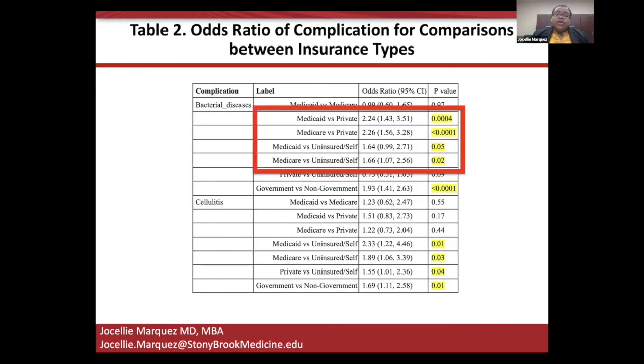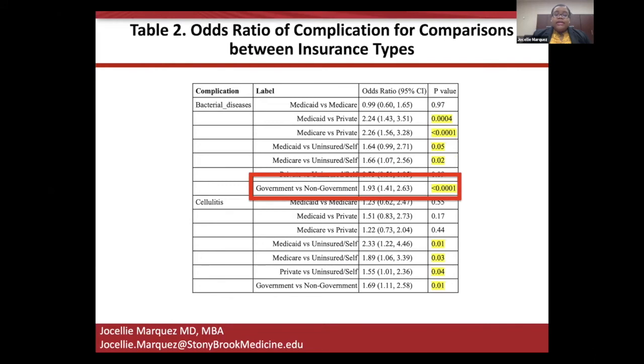Our analysis determined that when compared to private insurance groups, Medicaid and Medicare patients were more likely to develop bacterial diseases. And compared to uninsured patients, Medicaid and Medicare patients also demonstrated similar trends. This is also seen with cellulitis.